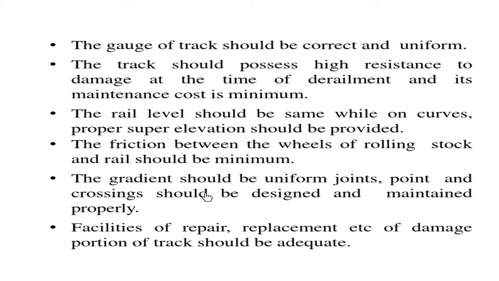Just understand what point and crossing is: the arrangement made so as to divert the train to another track or join the branch line. Then facilities for repair and replacement of damaged portions of track should be adequate. So these are the requirements of the permanent way.